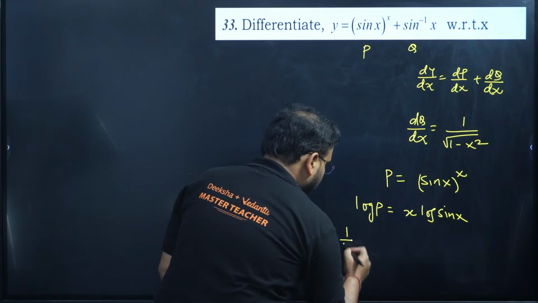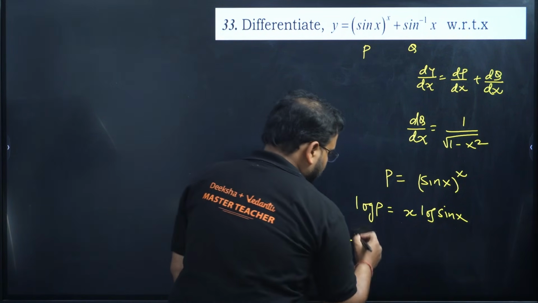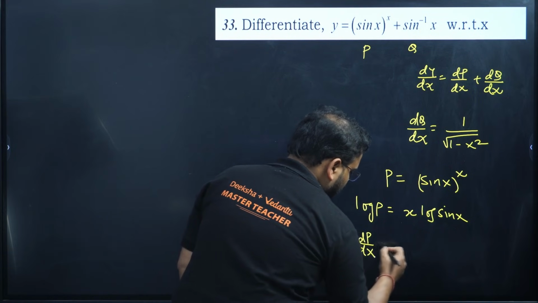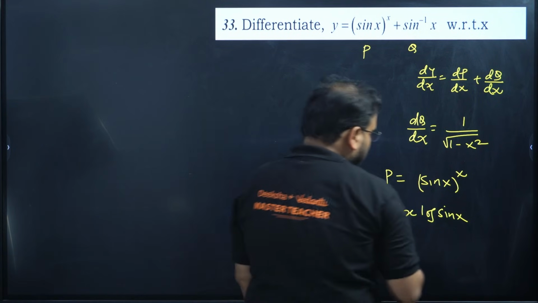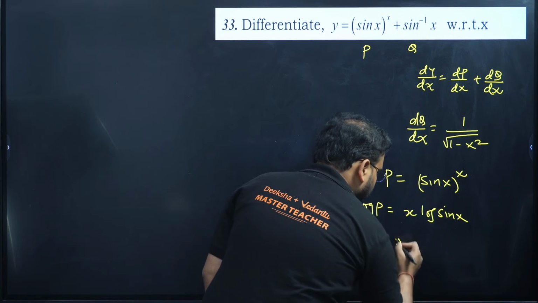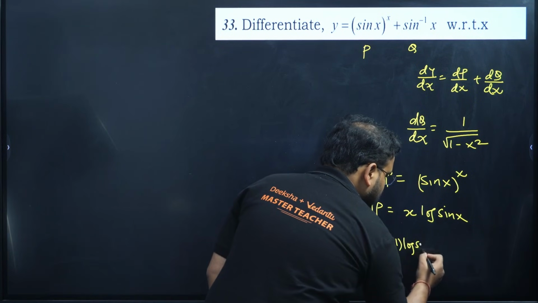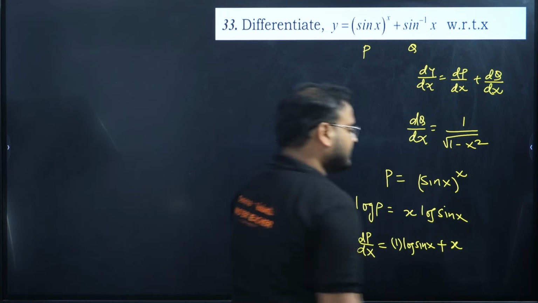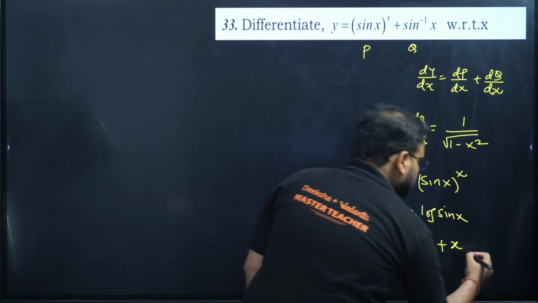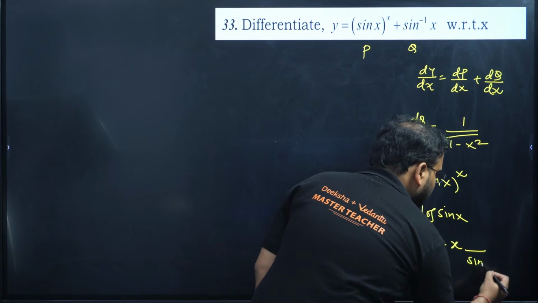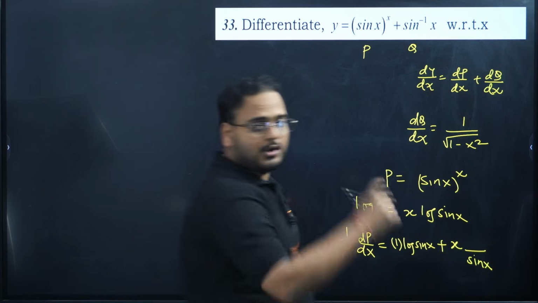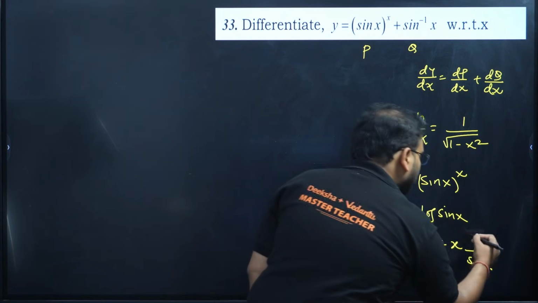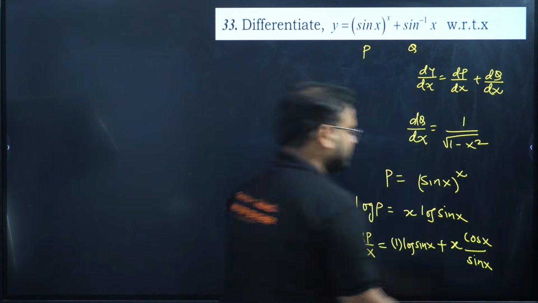You'll have 1 by p times dp by dx. If you differentiate x, you'll have 1 and log sin x as it is, plus x as it is, times the derivative of log sin x: 1 by sin x, and the derivative of sine from the chain rule gives cos x.